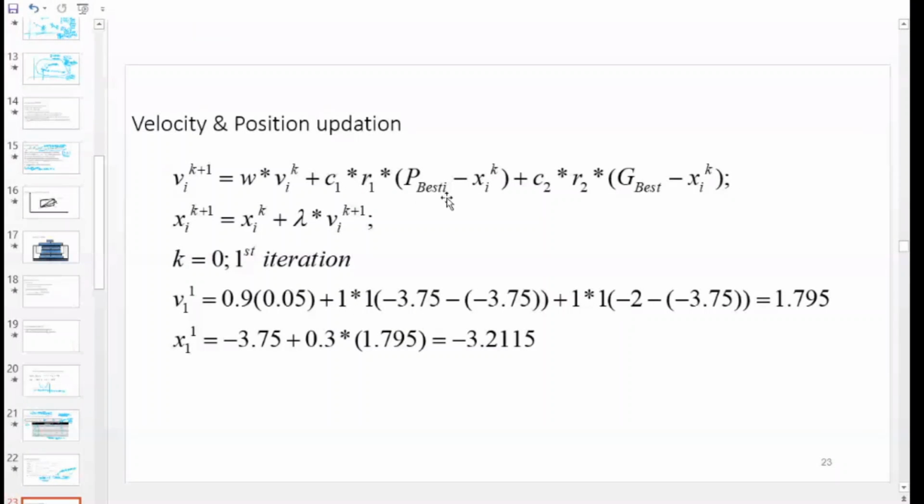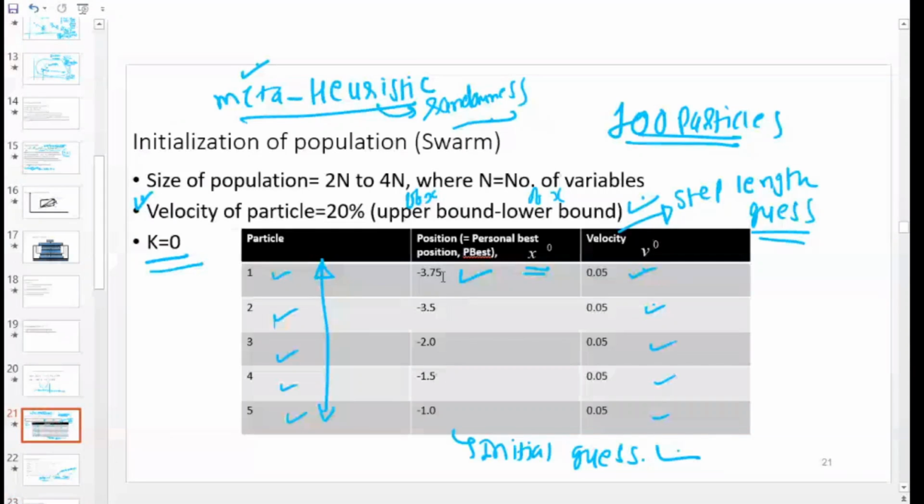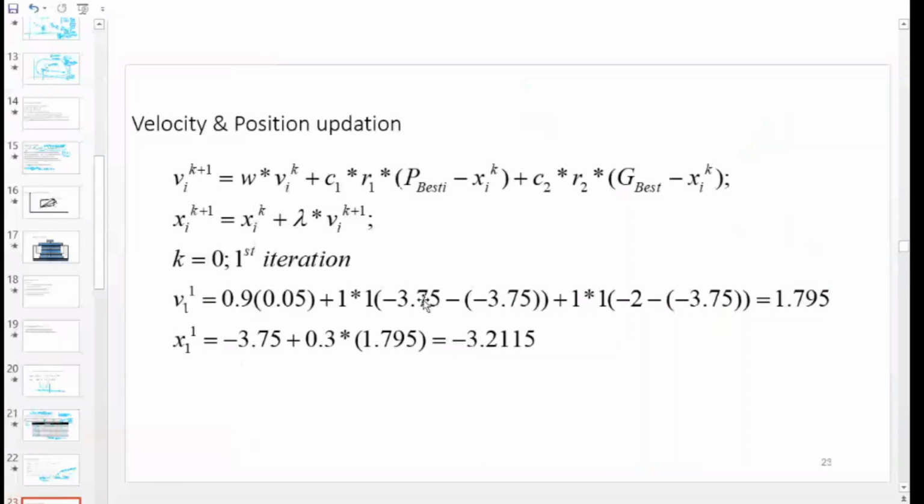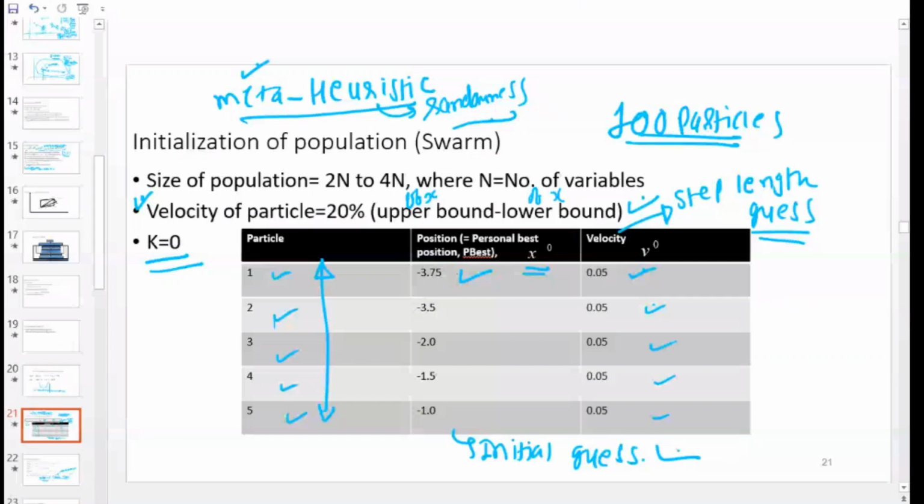Then personal based position of the first particle, right? So what was the personal based position? This minus 3.5 was xi, current position of the first particle at the end of 0th iteration. So x1 superscript 0. So what was the x value? This is same, minus 3.75.